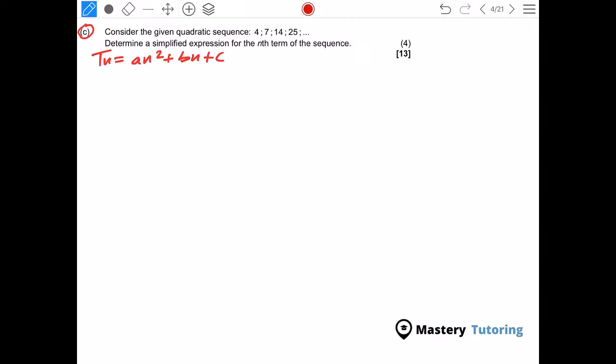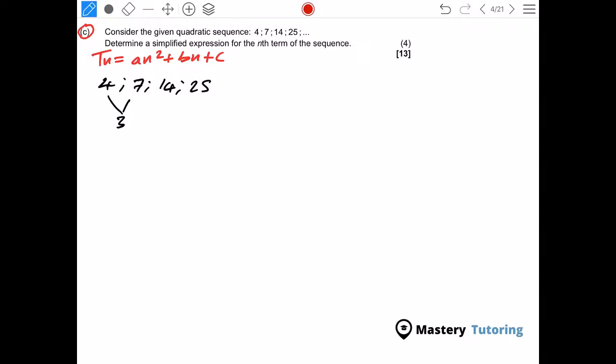So the sequence is given to us as 4, 7, 14, and 25. We're going to find the difference between the first two terms. So we say 7 minus 4, because it's T2 minus T1, which is 3.